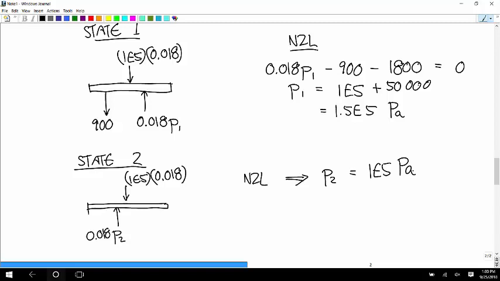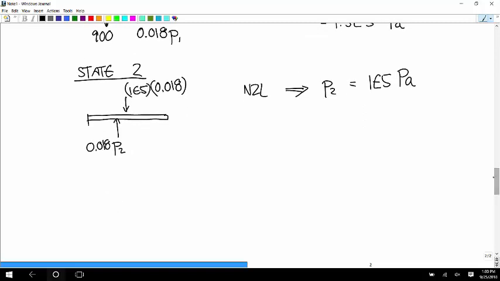Okay, we want to calculate the work. So we know that the spring force is a linear function.